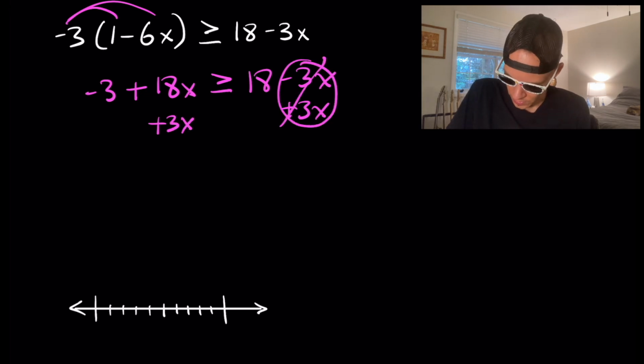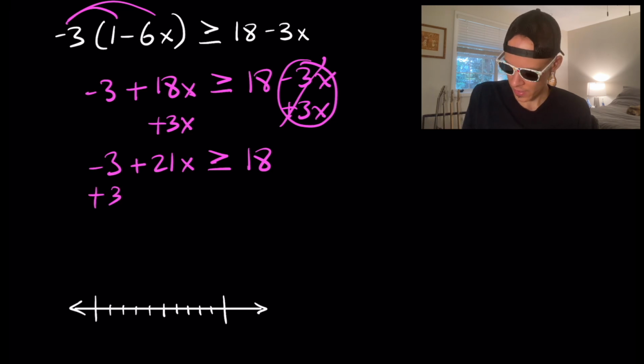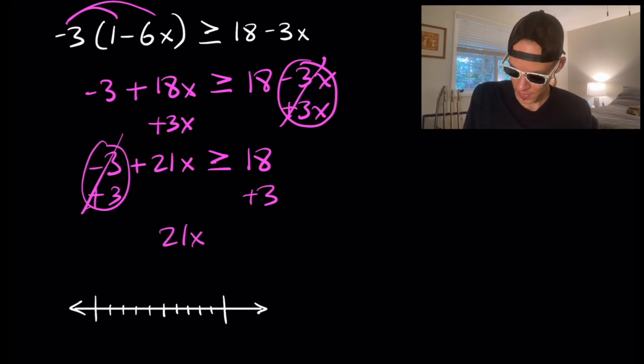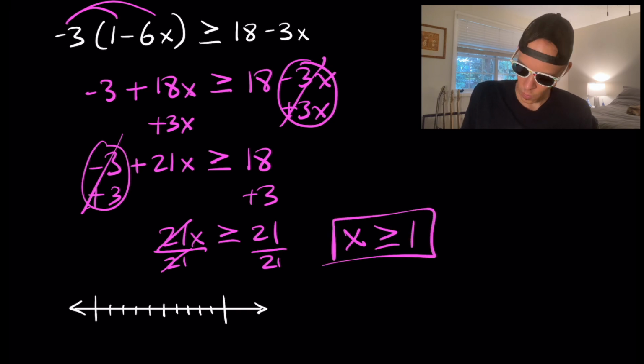So these will cancel out, and I'll have negative 3 plus 21x is greater than or equal to 18. Let's move this negative 3 to the right side, so I'll add 3 to both sides to do that. Those will cancel, and I'll have 21x is greater than or equal to 21. Divide both sides by 21, and we get x is greater than or equal to 1.